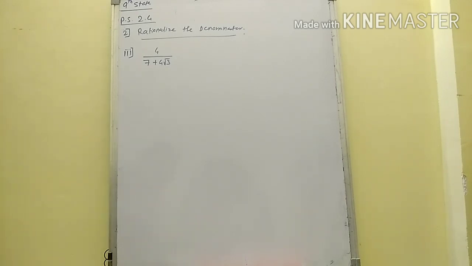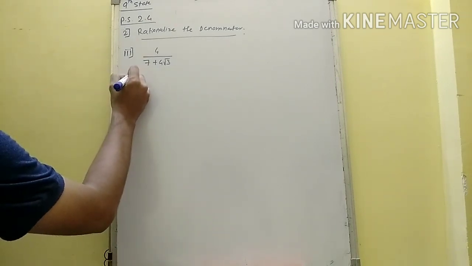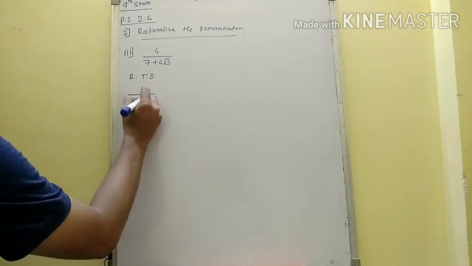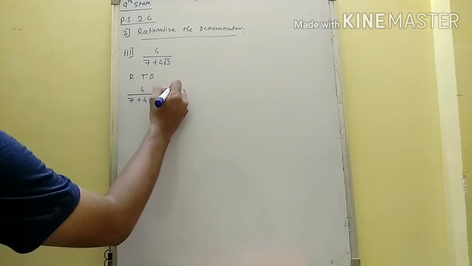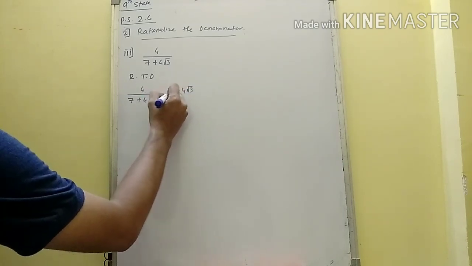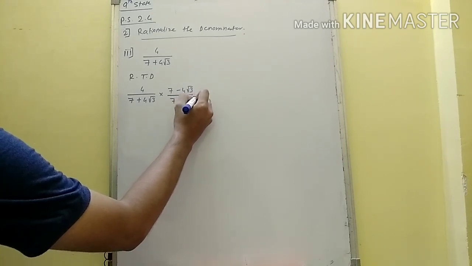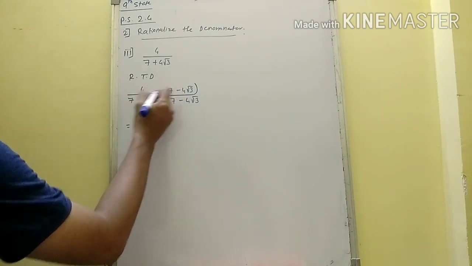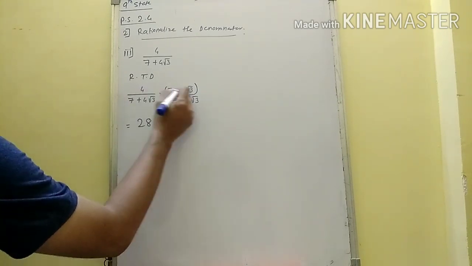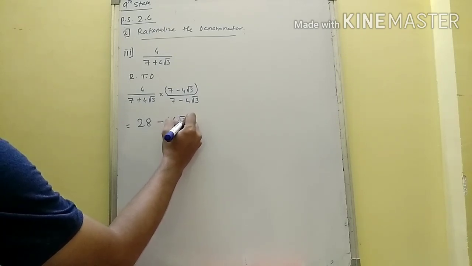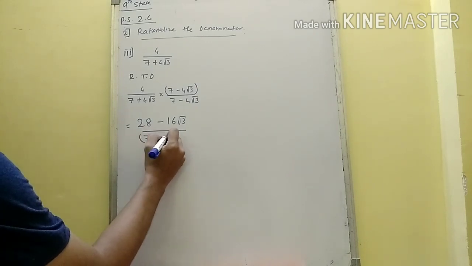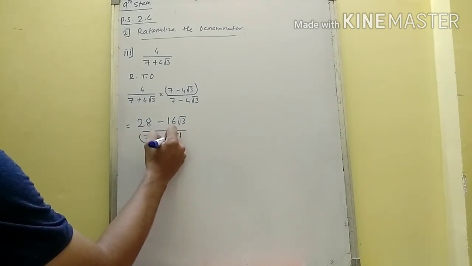Okay. In the third one, we have 4 upon 7 plus 4 root 3. So when we again rationalize the denominator, we will have 4 upon 7 plus 4 root 3 multiplied by 7 minus 4 root 3 upon 7 minus 4 root 3. So when we multiply this to this bracket, we have 7 4s are 28, 4 4s are 16, root 3 as it is. And we have a plus b and a minus b, which is a square minus b square.